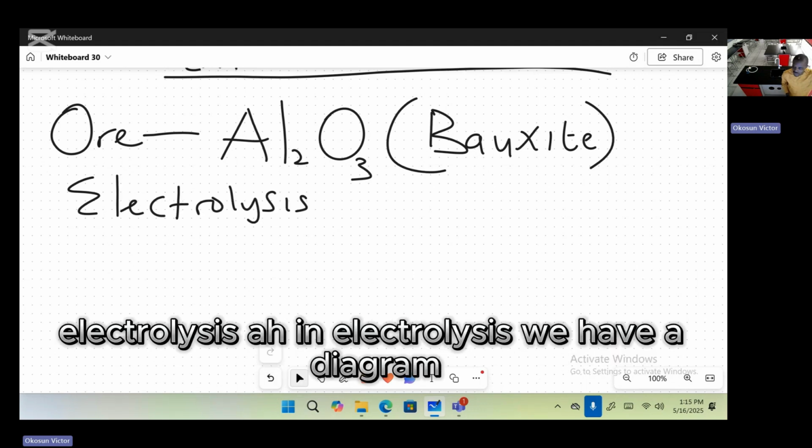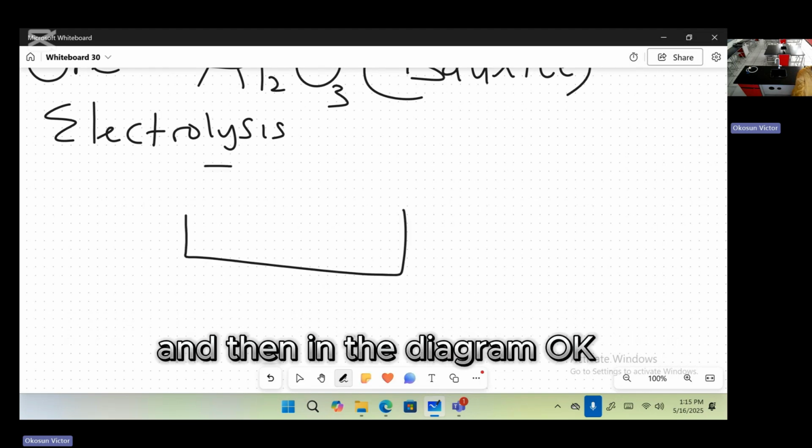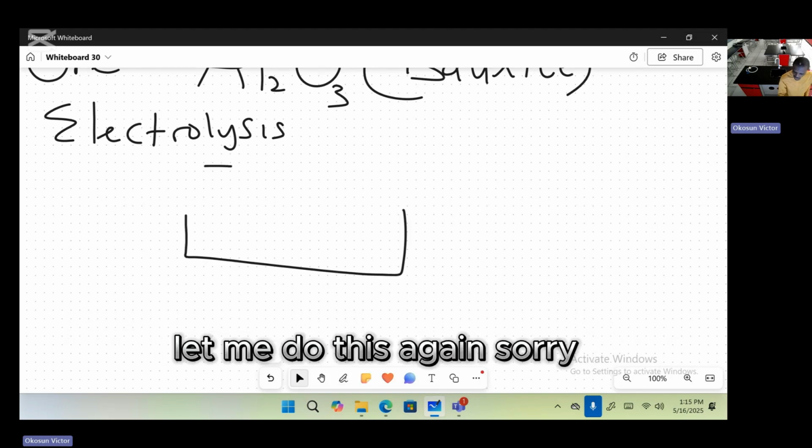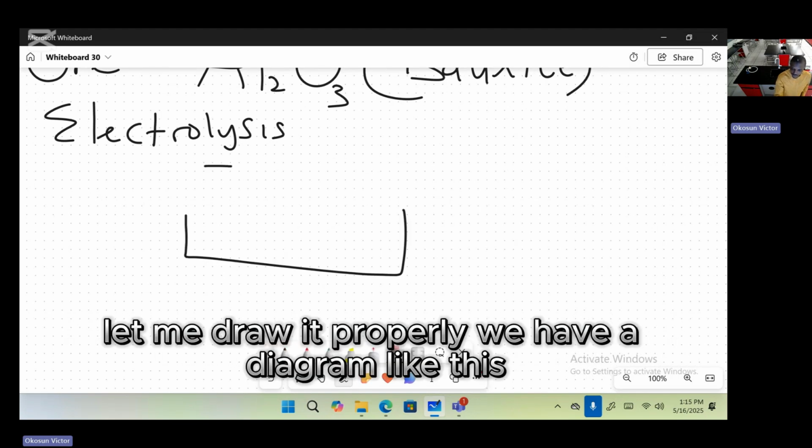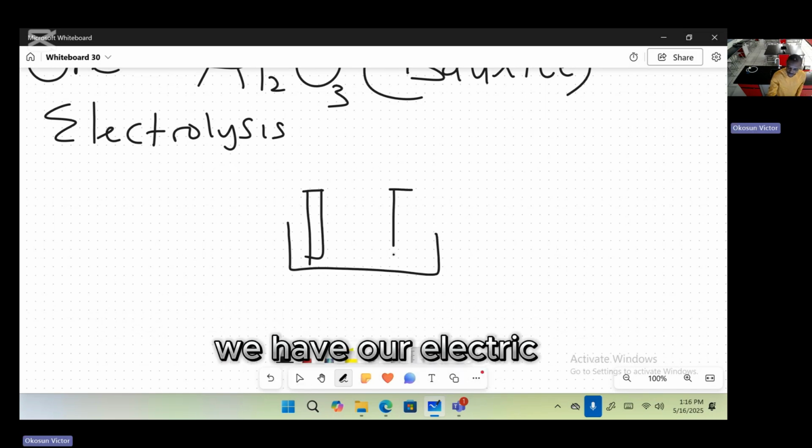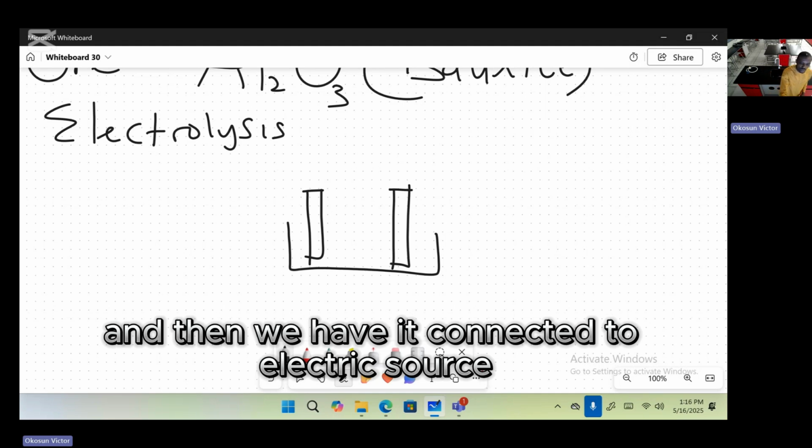Now, in electrolysis, we have a diagram. Let me show it properly. We have a diagram like this, during electrolysis, and we have it connected to an electric source, the battery.